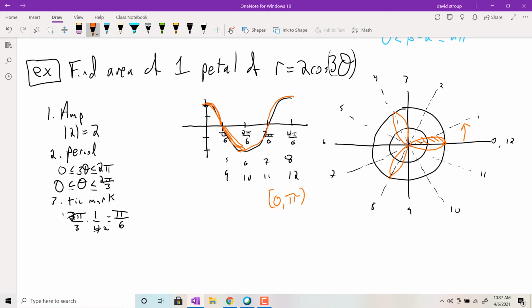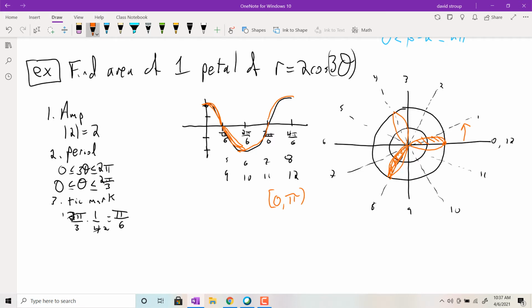Another thing you could do is integrate from 0 to 2 pi over 6, and you'll get the little wedge that I just shaded in, but you'll also get this wedge right here. Combining those two wedges together, you'll get the total area.